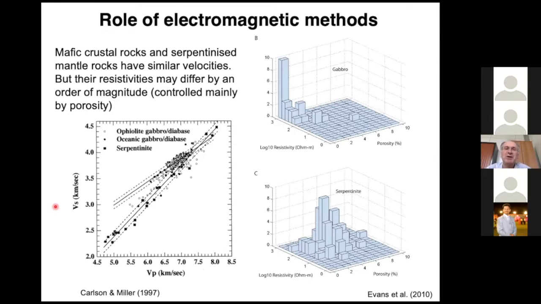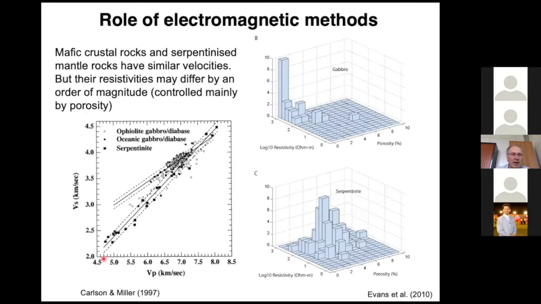To finish off, I'm going to take us to a future experiment, and talk a bit about the role of electromagnetic methods. One of the problems we have with our seismic experiments is that mafic crustal rocks and serpentinized mantle rocks have quite similar velocities.